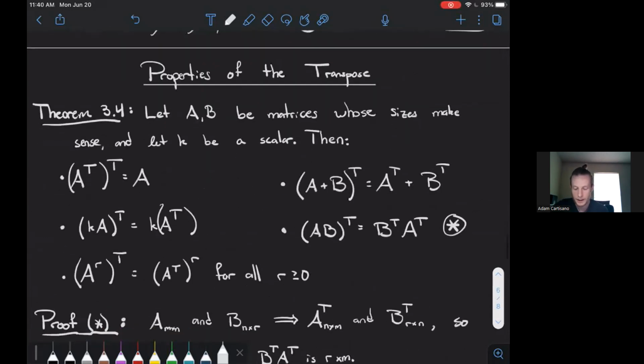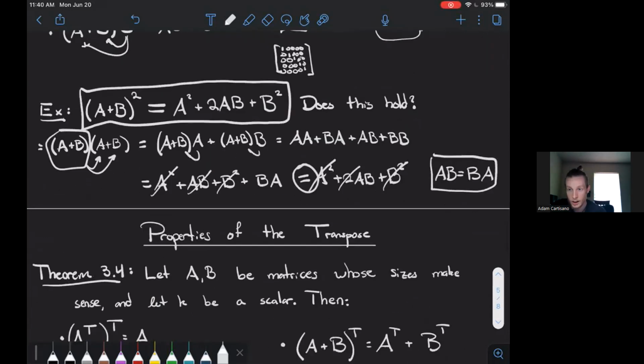Okay, great. By the way, if you try to multiply two matrices which are not square, and then you try to commute the multiplication, even if you get something well defined, so for example, a 3 by 2 times a 2 by 3, if you switch the order of that product, one way is going to be a 2 by 2, the other way will be a 3 by 3.